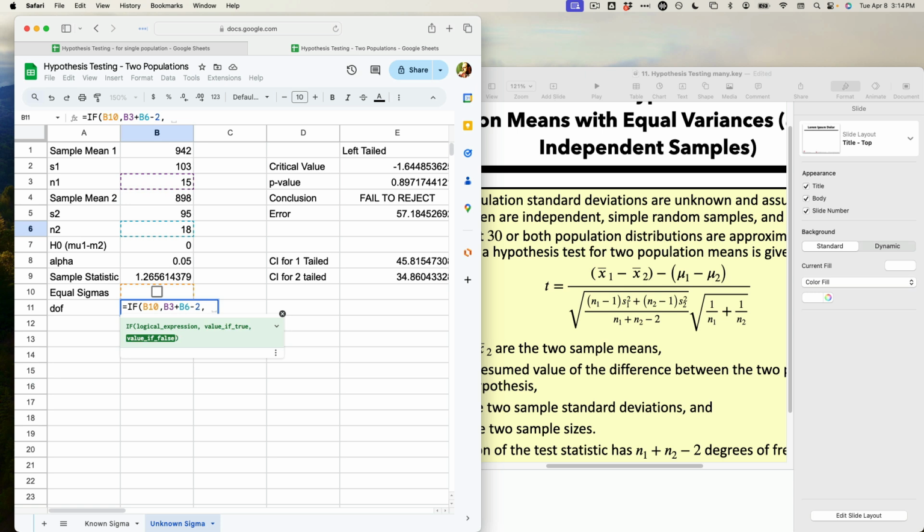Otherwise, so if unequal sigmas, it's going to be the minimum of n1 minus 1 and n2 minus 2. Okay? So see the difference? If it's equal sigmas, it's going to be n1 plus n2 minus 2. If it's unequal sigmas, my degrees of freedom is 14.